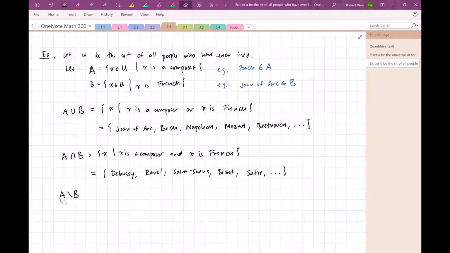And then, okay, in my notes, I have, it doesn't really matter how I do this, but B minus A. What is this set? This is a set of all people x such that x is French, but x is not a composer. It's fun either way. Now you can just name some French people, right?